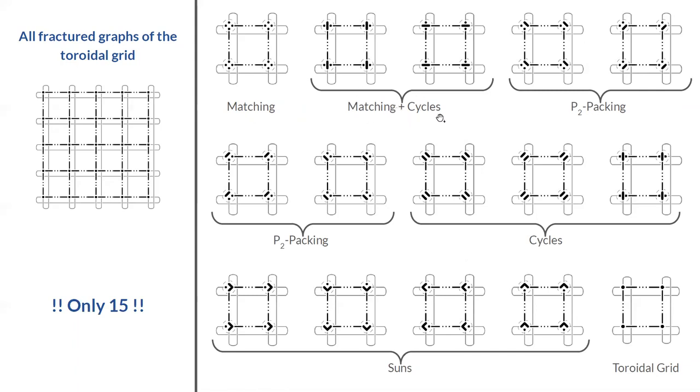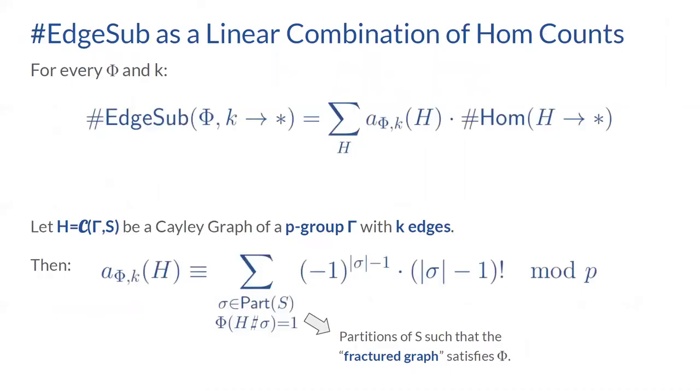So unions of matchings and cycles, packings of paths of length 2, just cycles, and also suns, where a sun is a cycle in which every vertex of the cycle has one dangling edge. I won't go into more details here, but I hope you believe me that those fractured graphs actually have a quite nice form that are easy to analyze.